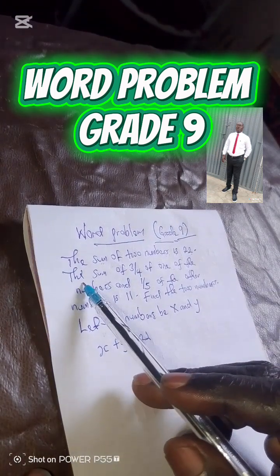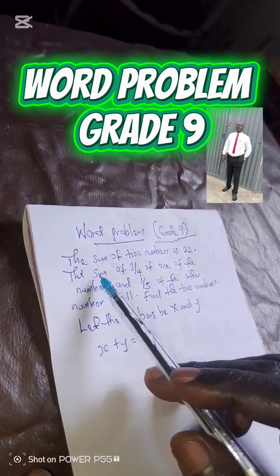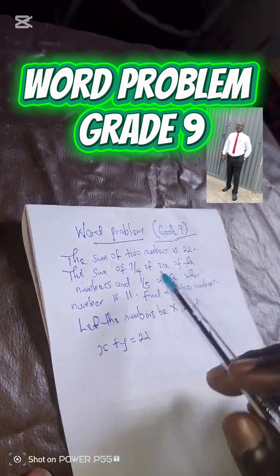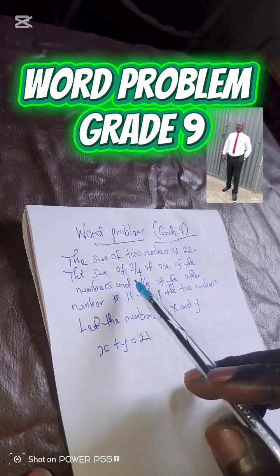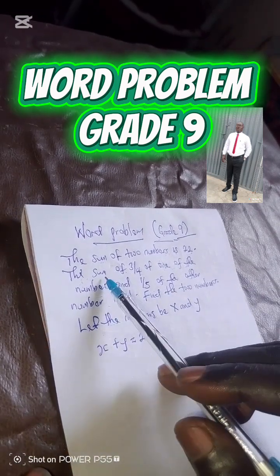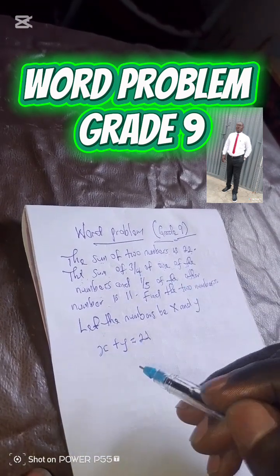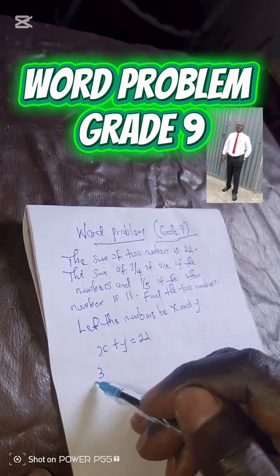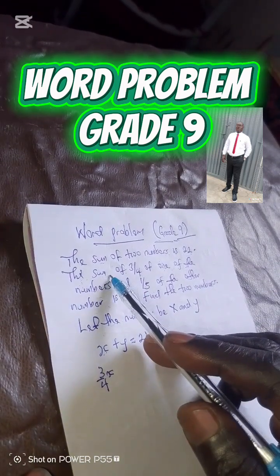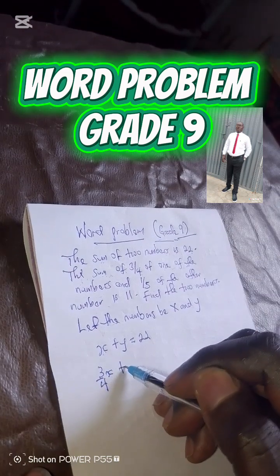Now, let's look at the second statement. The second statement said the sum of 3 over 4 of one of the numbers and 1 over 5 of the other number. Now, 3 over 4 of one of the numbers will be 3 over 4 x. And they said the sum of it. The sum here means we add.